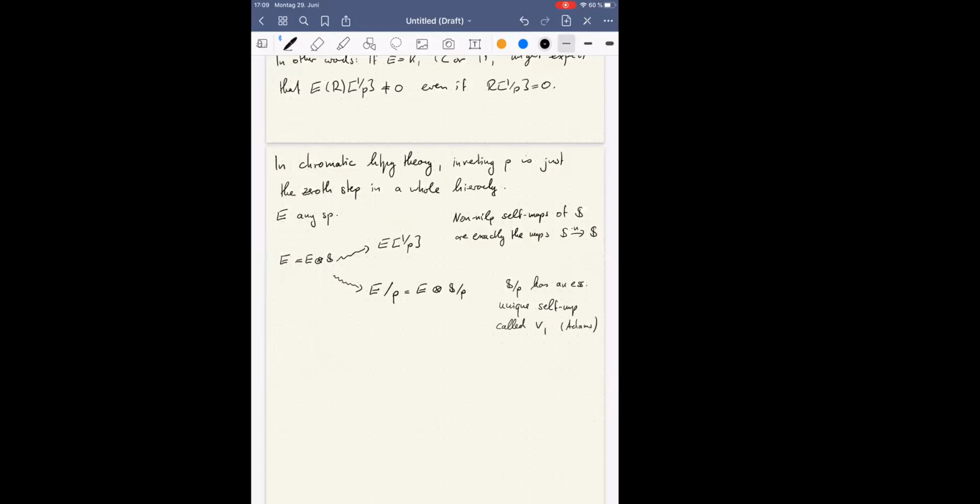So now I can do, again, two things. I can look at E tensor S mod P with v1 inverted. So this is one possibility, or I can look at everything not seen by this process, which is just quotienting also by v1. Okay, and now you might already see the pattern, namely actually it goes on like this. So there's again an essentially unique non-nilpotent self-map v2 of this guy.